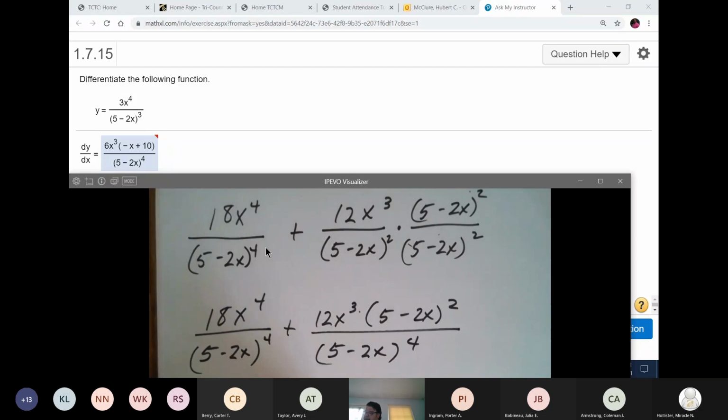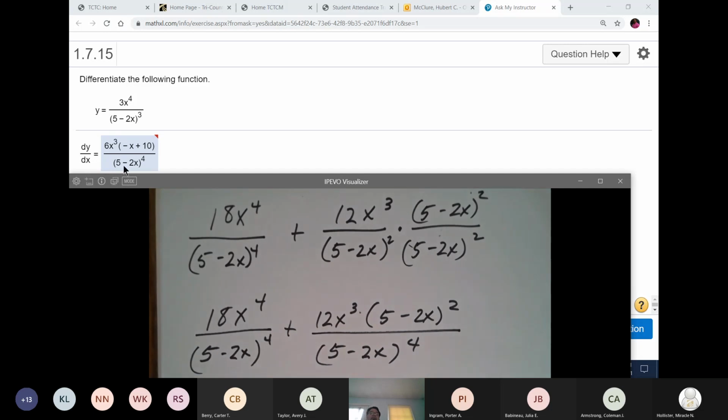And of course, that's going to give me 18x to the fourth plus 12x to the third times 5 minus 2x squared over 5 minus 2x raised to the fourth power. Okay, there's my 5 minus 2x to the fourth power. And what's 18? Well, I got 18 plus 2, 12. So that may be, hold on a second.